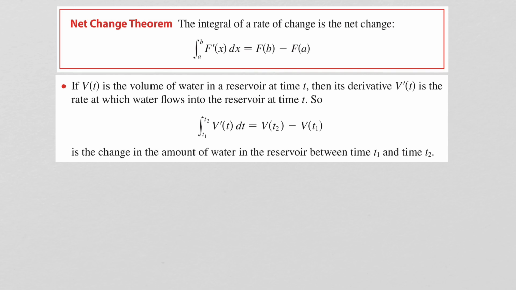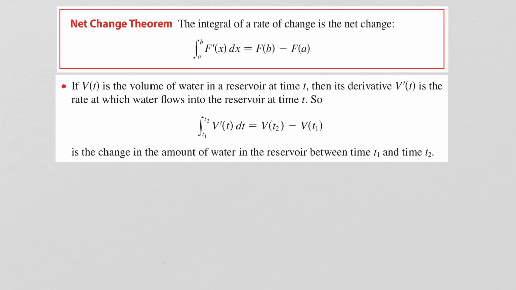Suppose v of t represents the volume of water in a reservoir at time t. Its derivative, v prime of t, is the rate at which the water flows into the reservoir at time t. So if we take the integral of v prime of t from time t1 to time t2, we get v of t2 minus v of t1.